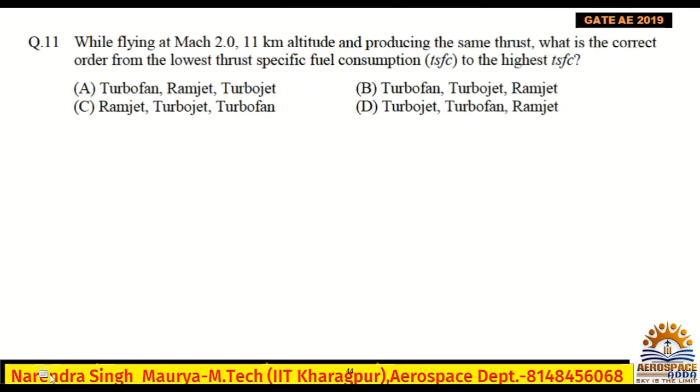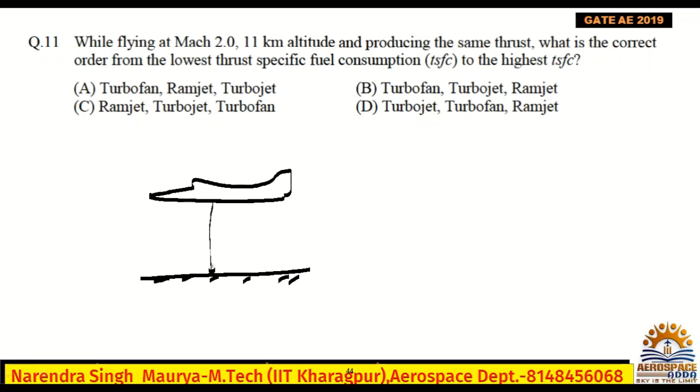Next. This is problem number 11, right? While flying at Mach 2.0 at 11 kilometer altitude and producing the same thrust, okay? You just say this is the sea level. From the sea level, the aircraft is flying at 11 kilometer altitude, okay, with what Mach number?